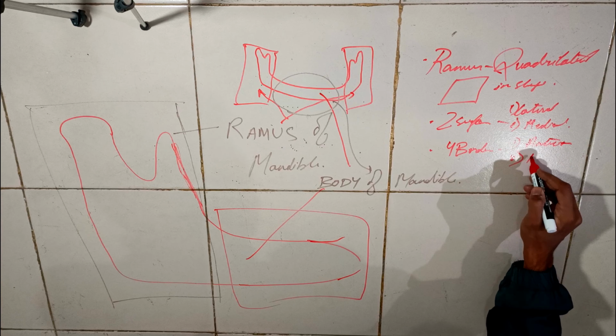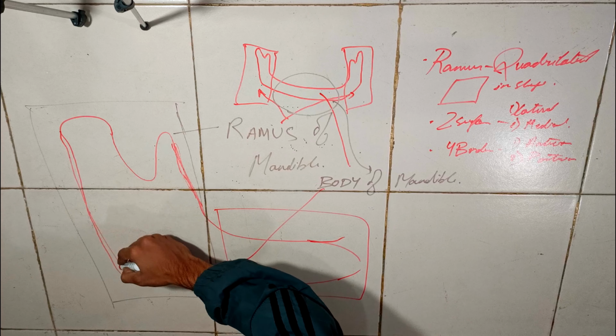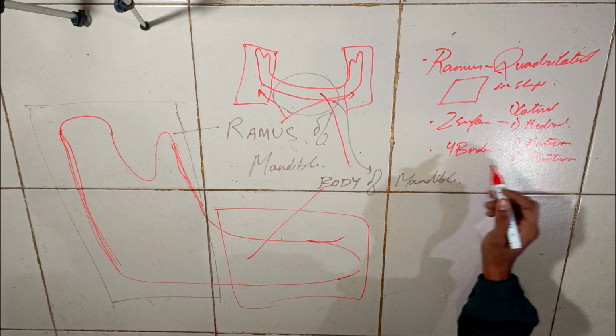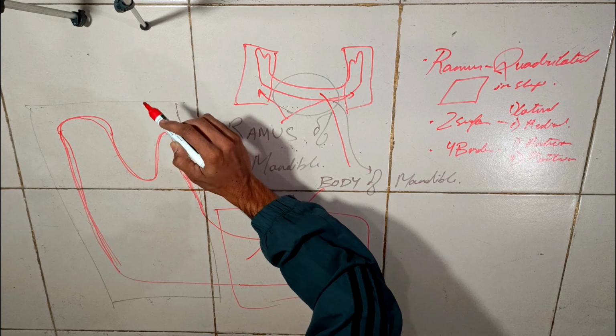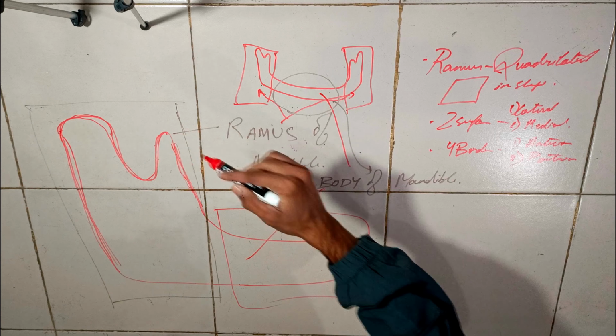Posterior border. Whenever we mention anterior, there will always be a posterior. This is the posterior border of the ramus of mandible. Okay. And then the superior border. This is superior border. Superior means above or upper.